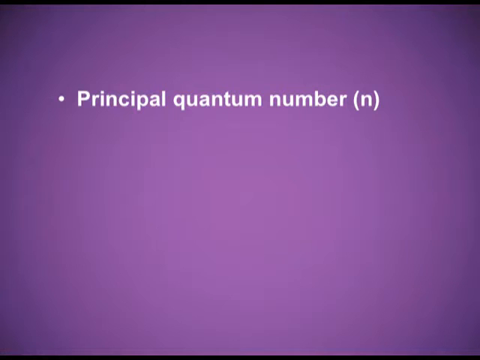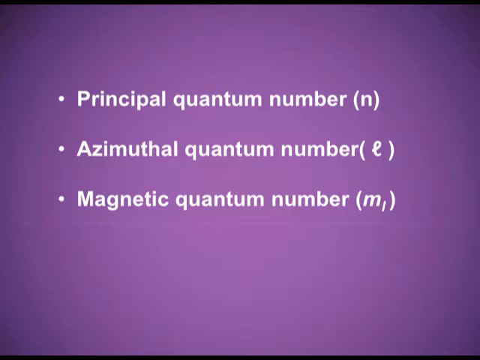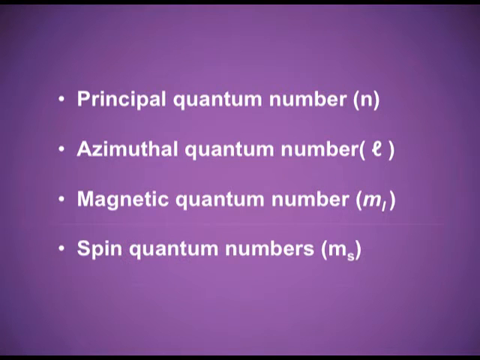What is the size of the orbital, its energy level, the orientation, etc. There are 4 numbers which together are known as the quantum numbers. The first one is the principal quantum number, second is azimuthal quantum number, third is magnetic quantum number, and the fourth one is the spin quantum number.